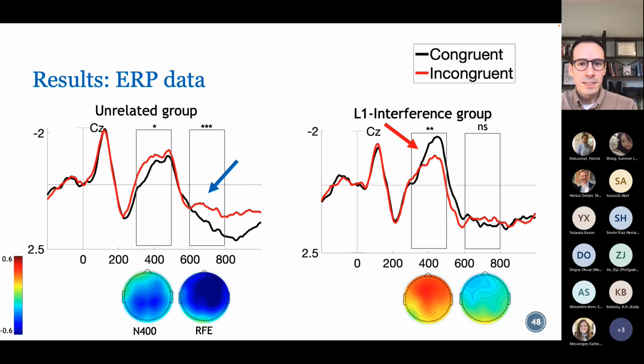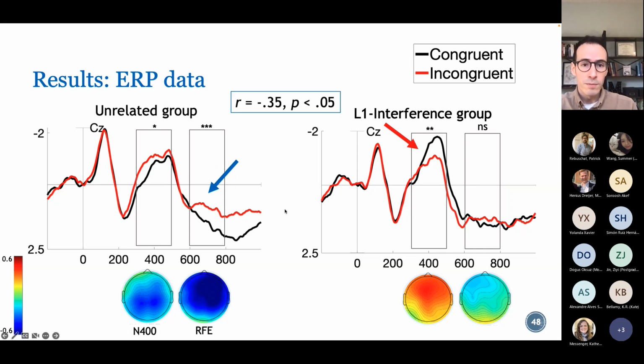That is, because the learners in the L1 interference group are inhibiting the distractor from the first language, this inhibition acted instead of the monitoring processes indexed by the ERPs in the unrelated group. So I propose here that there are two different neurophysiological mechanisms at play, just based on the type of distractors that learners are being exposed to during the task.